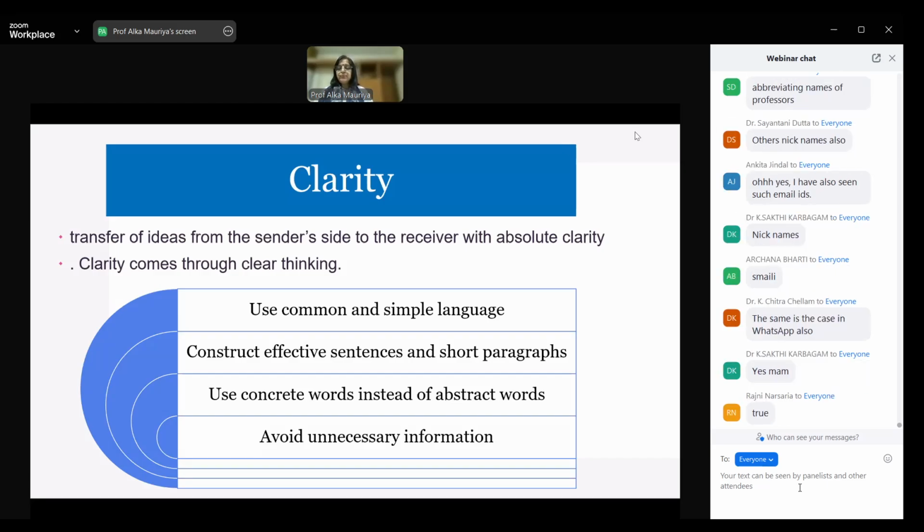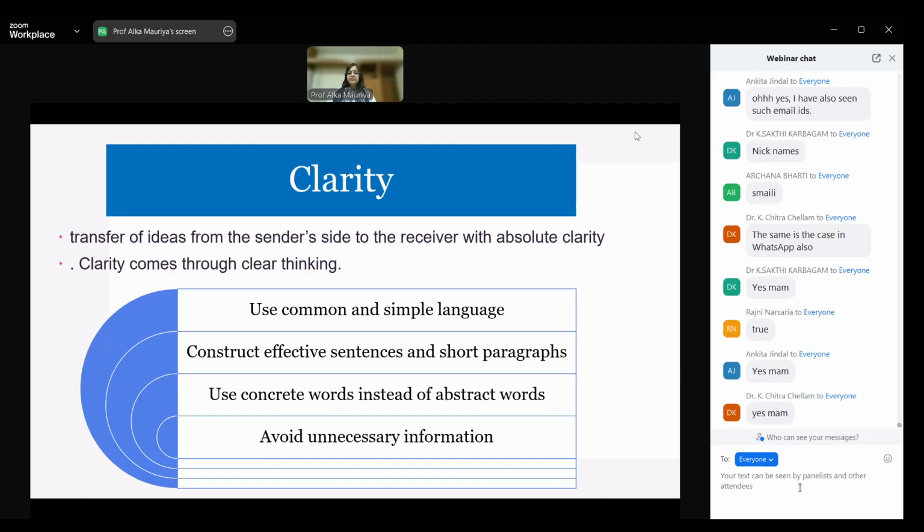Which is why I believe that to have clarity in our communication, we should use common and simple language, right? At times, people think that if we use a lot of jargon and a lot of complex sentences, then people will perceive that we are very good at written communication. But trust me, that is not the case.